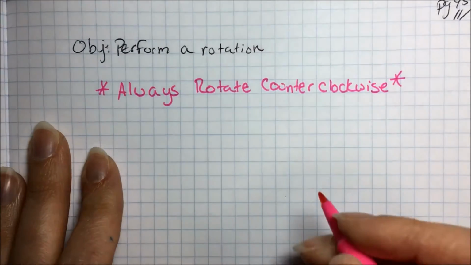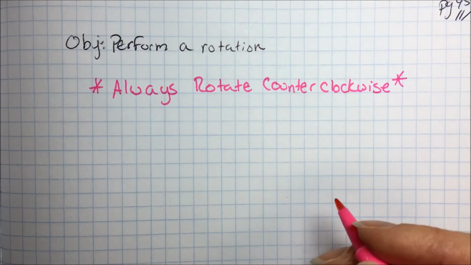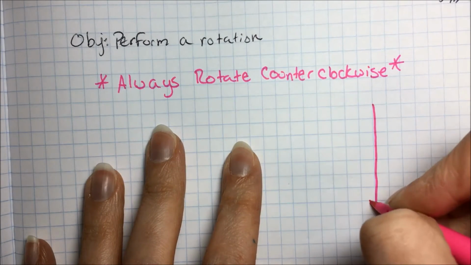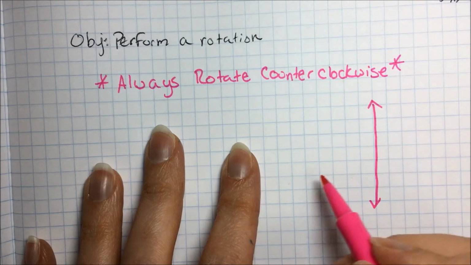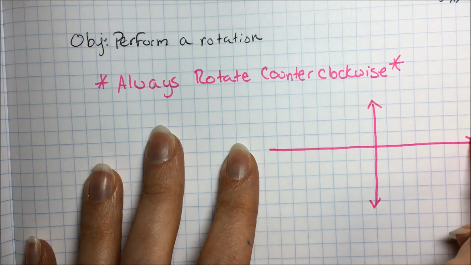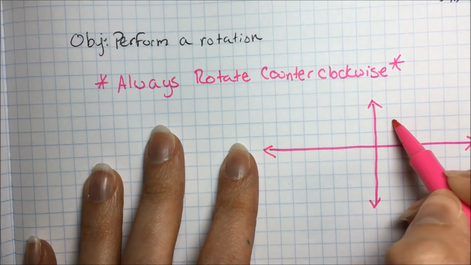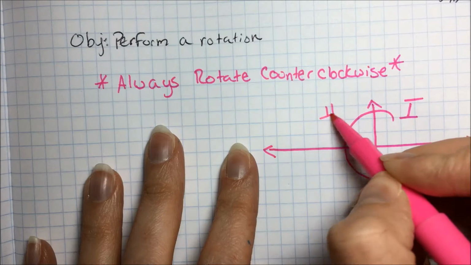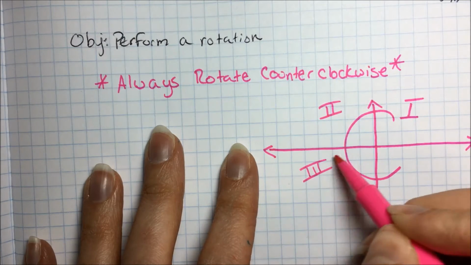You ask, why do we always rotate counterclockwise? It seems a little bit silly, but if we look at a coordinate grid, and if we were to label the quadrants, we always label the quadrants in the shape of a C. 1, 2, 3, 4.